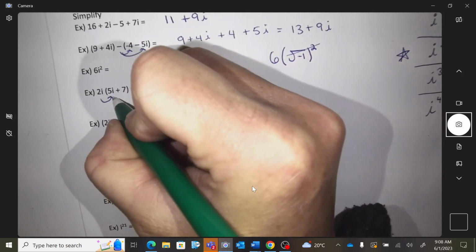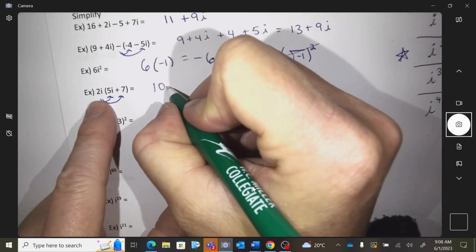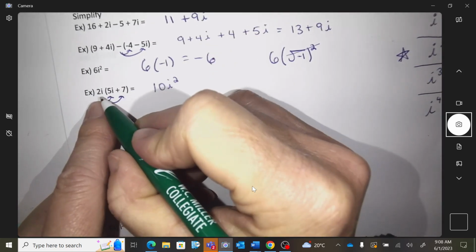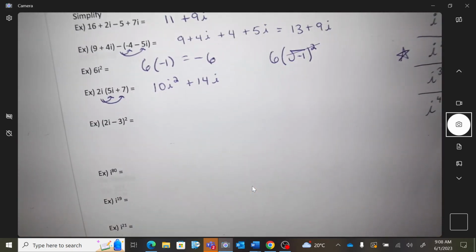Okay, next question. Let's distribute that. So I get 10i squared plus 14i. I see an i squared.